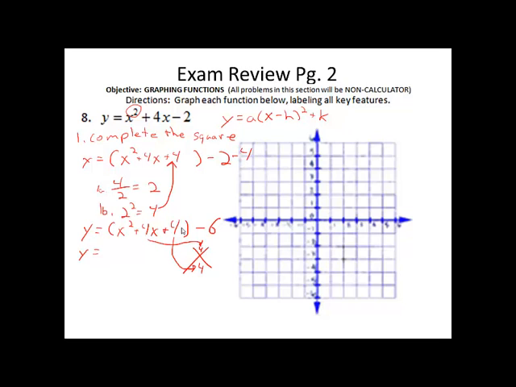These numbers might be different on your exam, but remember, whatever is connected to the x goes in the top, and whatever does not have an x by it goes in the bottom. I know that 2 times 2 is equal to 4, and also 2 plus 2 is equal to 4. So we rewrite this as x plus 2 times x plus 2 minus 6.